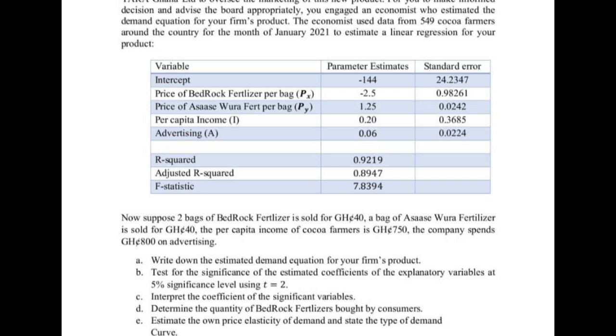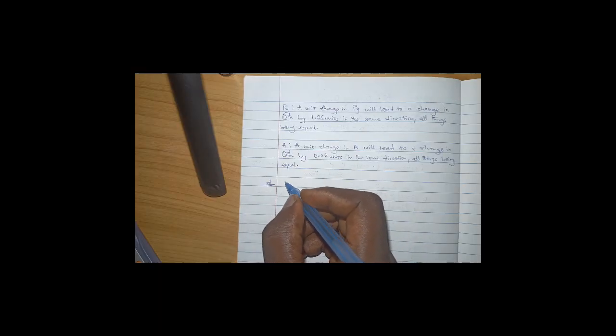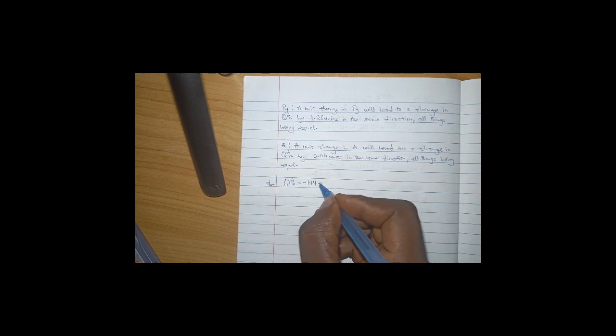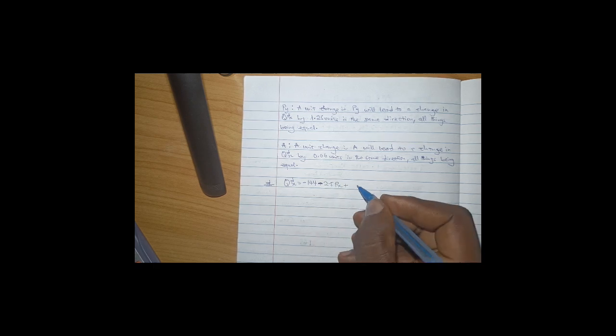To do that, we first have to quote the demand equation, which is Q dx equals -144 minus 2.5 px plus 1.25 py plus 0.20 I plus 0.06 A. So this is negative, this is negative.